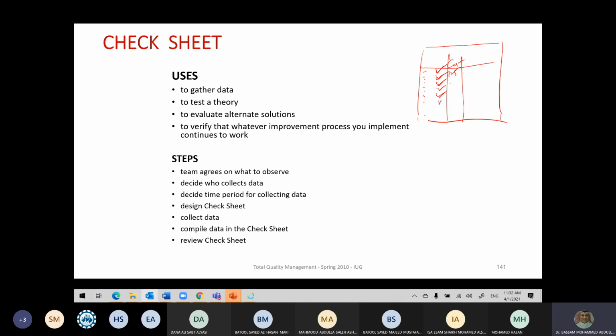Then they're going to put the cost 15 BD, 20 BD, 35 BD, and then they calculate the total. So that is kind of a check sheet.